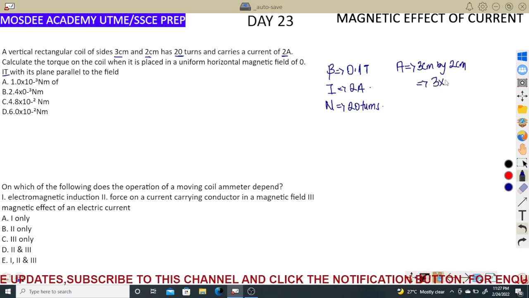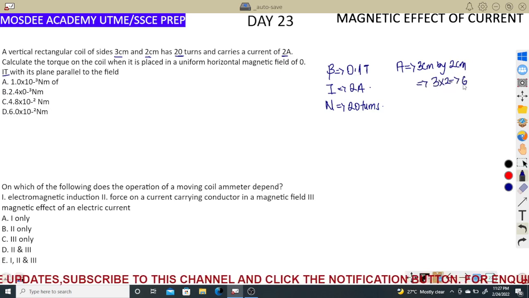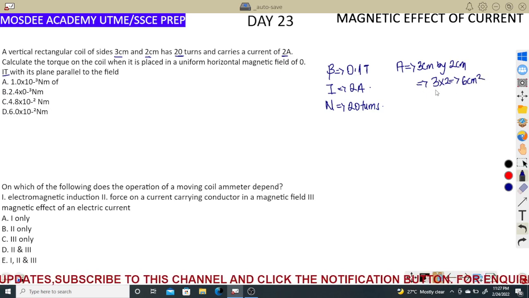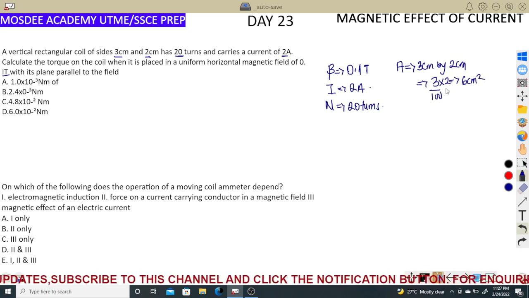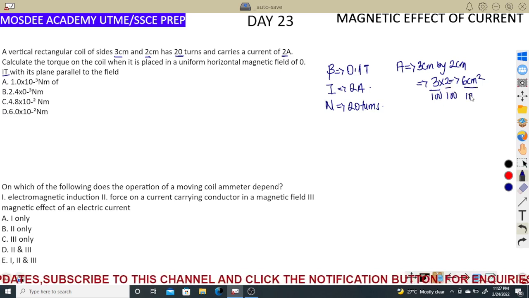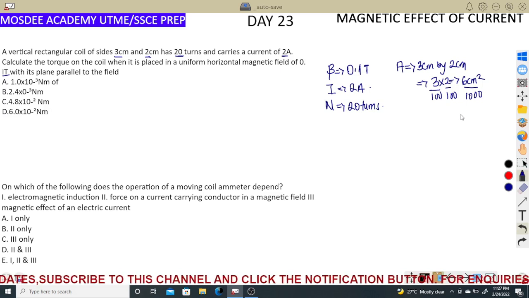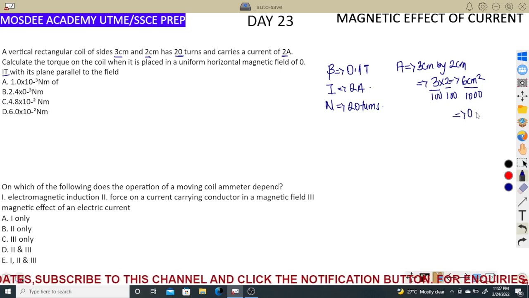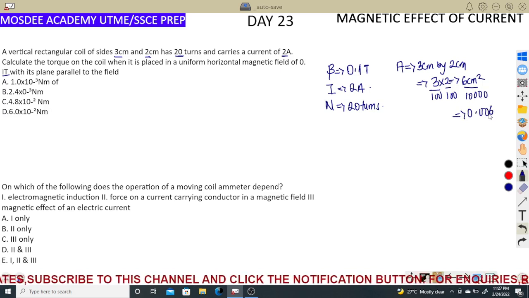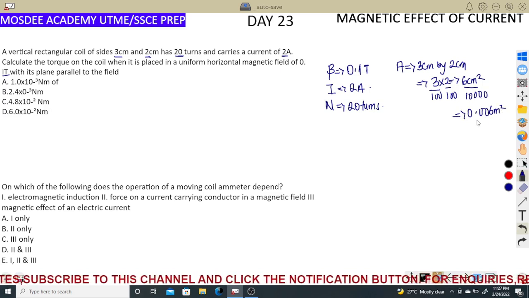That's 3 times 2, that is 6 centimeters square, which you can convert to meters by dividing each by 100, over 100. Because if I say this one divided by 10,000, I know most of you will ask where I got 10,000 from. So that is how I come about my 10,000. So that is the area.